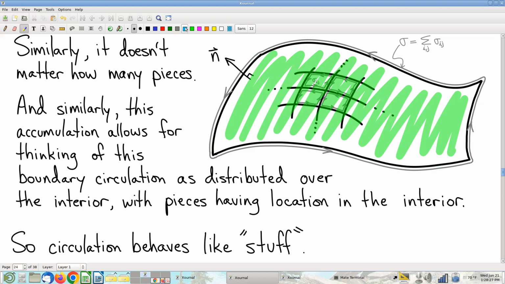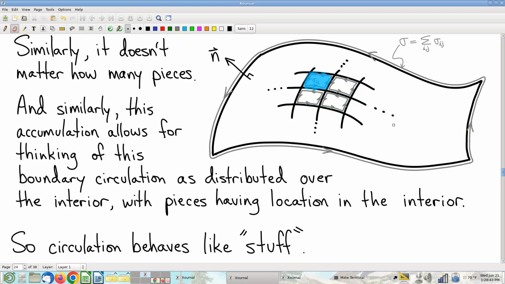Right? And so to the reasonable question, how much of the quantity in question over the green surface is happening on this little blue surface? And no problem. How much of the stuff is in the blue surface? Just compute it for that blue surface. We're just going to compute the boundary circulation then around the boundary of that little blue surface.